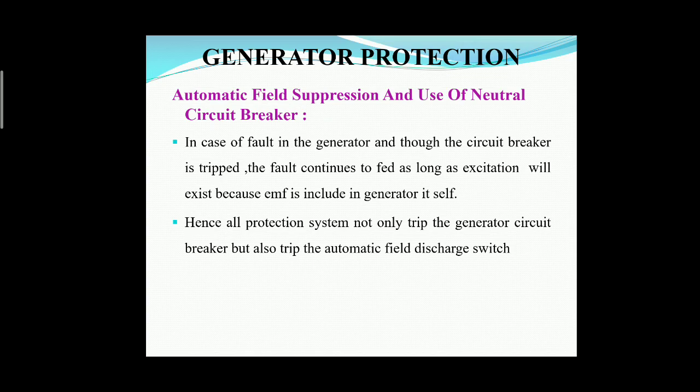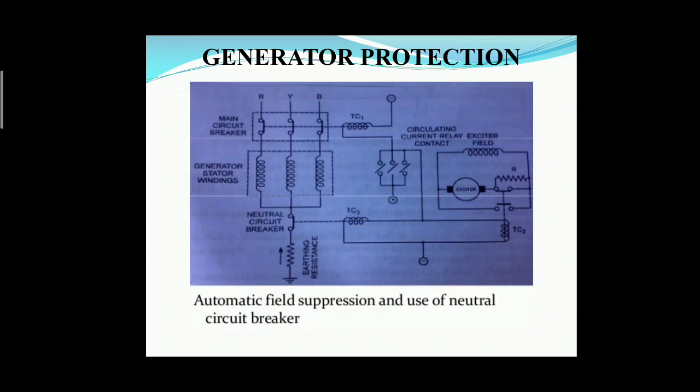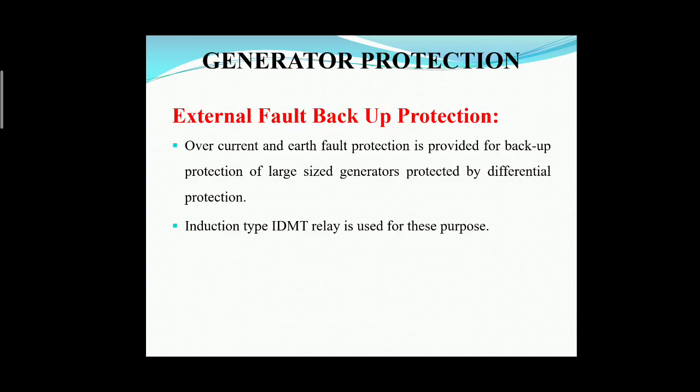In automatic field suppression, all the protection systems not only trip the generator circuit breakers but also trip the automatic field discharge switches. This is the basic circuit diagram for the automatic field suppression and use of a neutral circuit breaker.